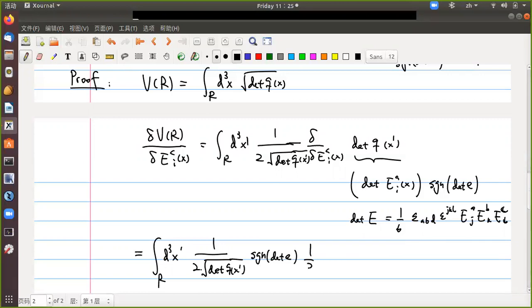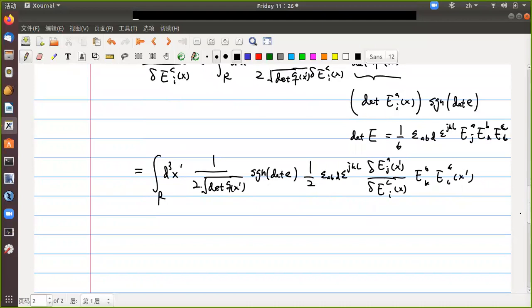You get 1/2 epsilon_ABC epsilon^JKL times delta, with x prime, E^C_L at x. Okay, so this is the result you have.